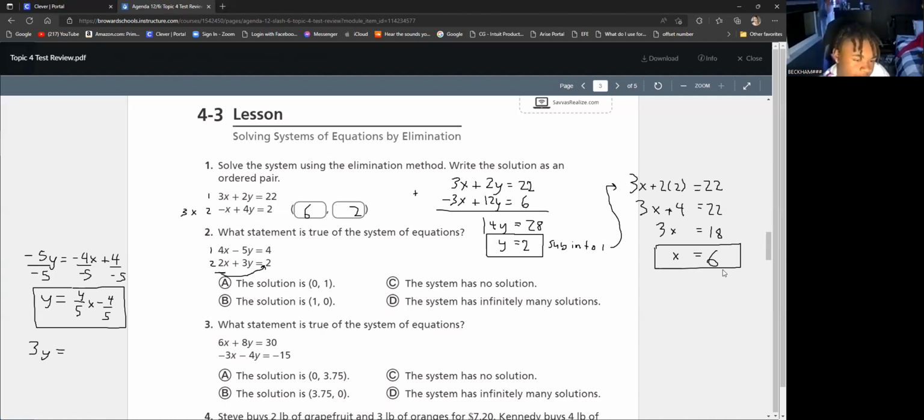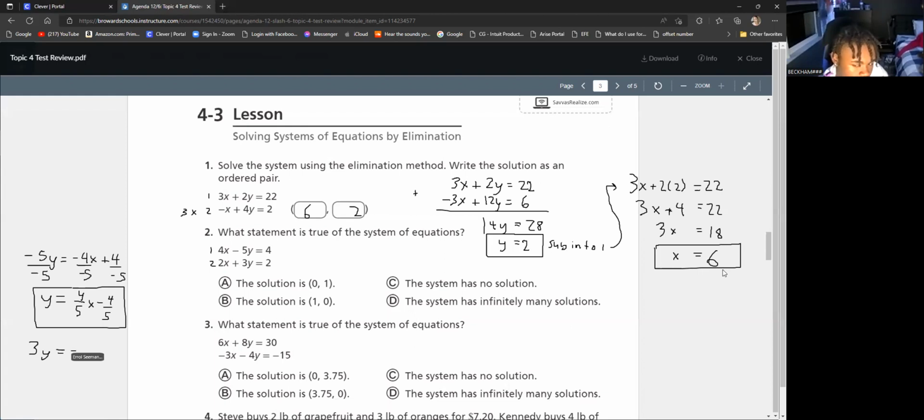What do I write here? It's because there was writing right there. What was your question? What should I write here? 3y equals, I got it. Negative 2x, which one?